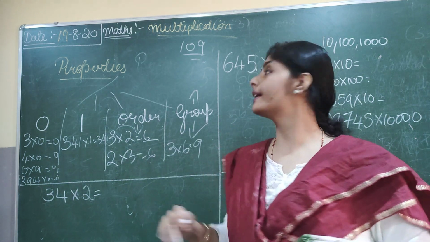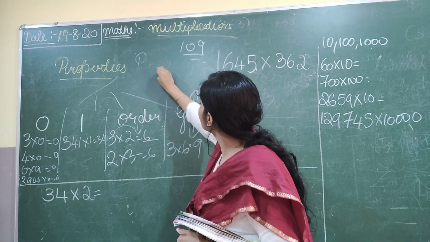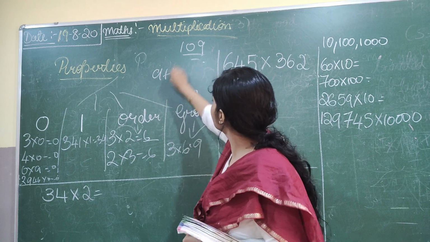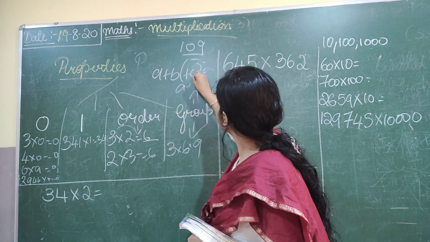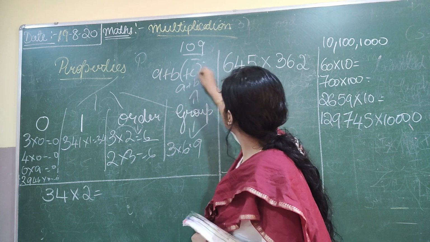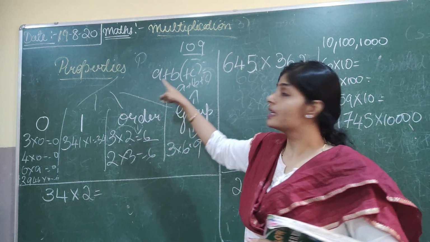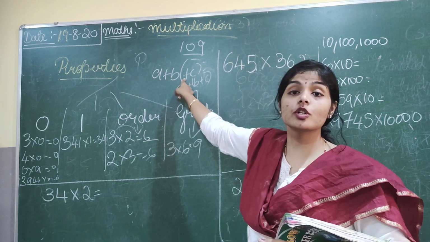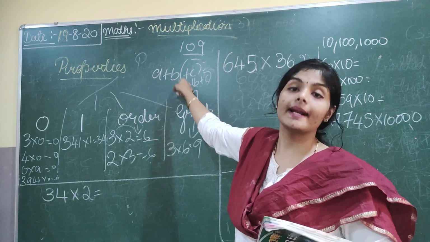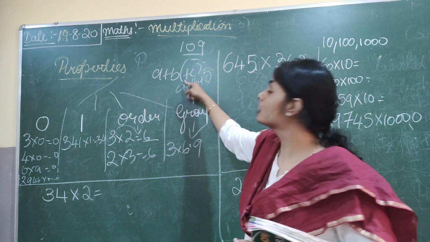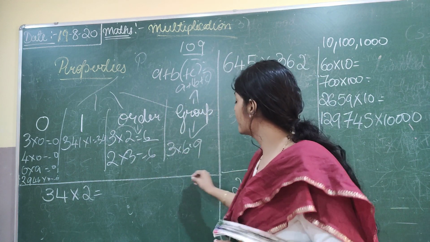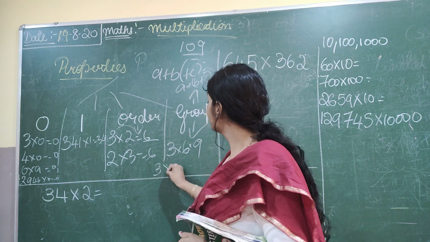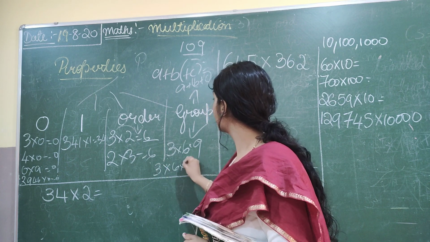Using the associative property. The associative property is A plus B plus C is equal to A plus B plus C. Got it, children? Instead of adding, we use multiply in the multiplication method. Understood? Now you have 3 into 6 into 9.